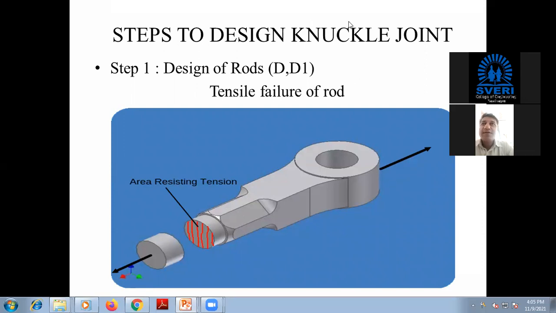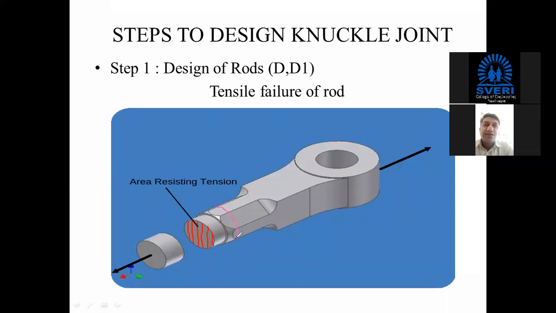As you can see here, this is the enlarged diameter. This particular part of the rod up to this point has more area than this rod. So if the rod having diameter D sustains the externally applied tensile force, definitely this D1, which is greater than D, will sustain that tensile force, right?